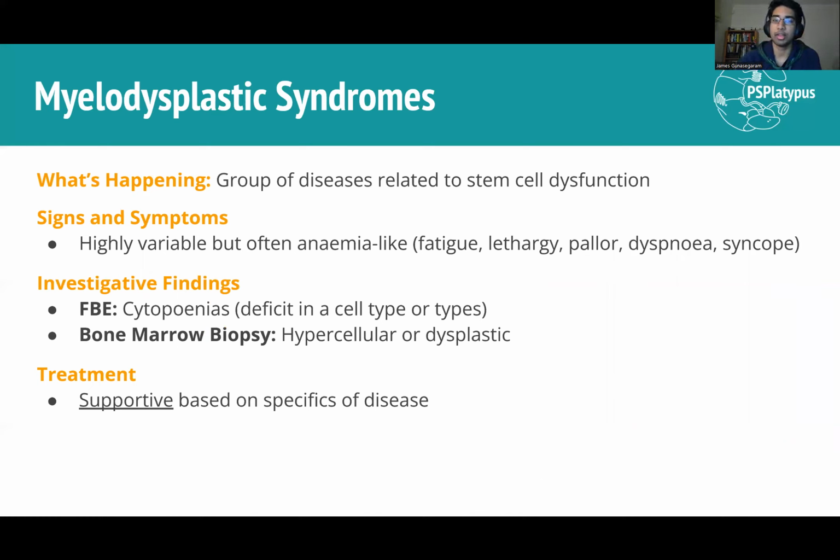So really all you need to know is that they are related to stem cell dysfunction broadly, and that you get either hypercellular or dysplastic appearance on your bone marrow biopsy. So it's almost the opposite of your aplastic anemia bone marrow, which would have been acellular to a degree. And then on your FBE, you'll get cytopenia. Depending on where the problem is, maybe everything, maybe something. But yeah, that pretty much sums up a little bit on myeloid diseases.